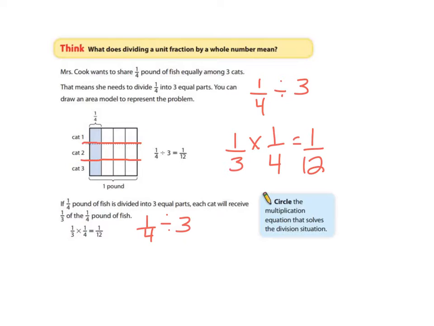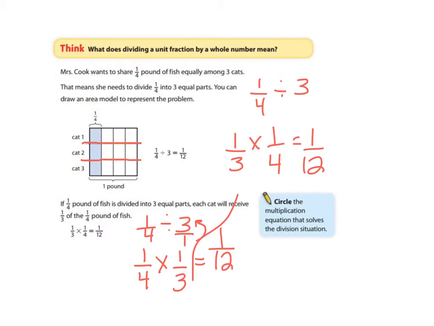And what that means is I keep the first number just like it is, I change the sign, and I flip the next number. Now, this number we all know is really 3/1. So if I flip it around, it's going to be 1/3. Okay, so 1/4 times 1/3 is the same thing as 1/4 divided by 3. And I get 1/12.